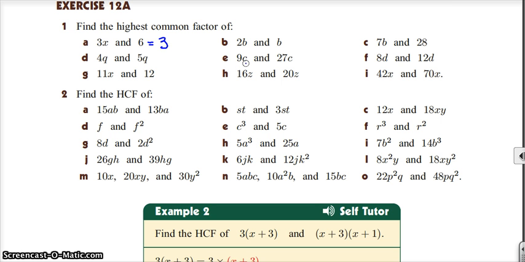If we look here, we've got a commonality of c and c plus numbers. So the common factor here, 9, 18, 27, must be 9, and the common factor is c. Which one? G. I reckon I've answered it for you.